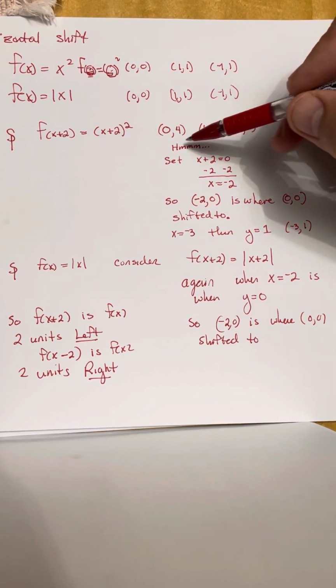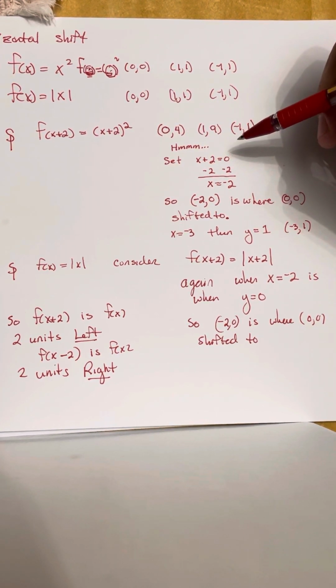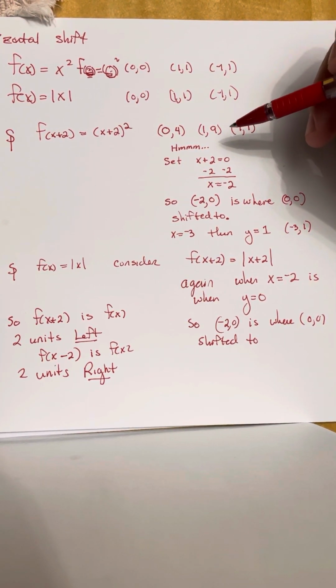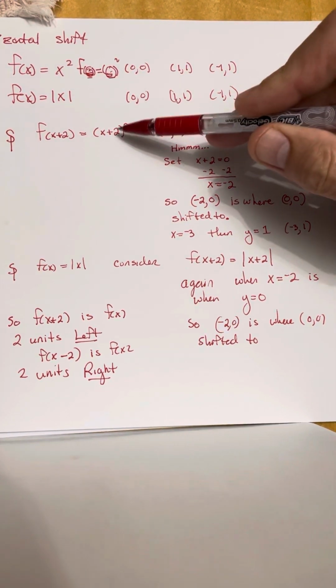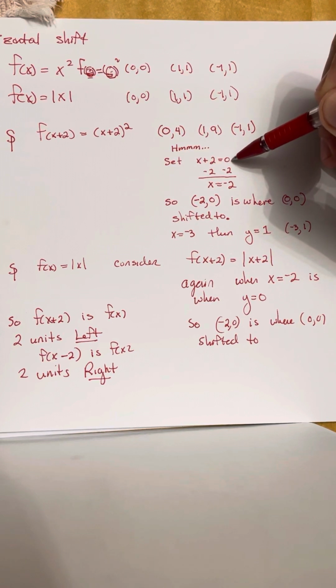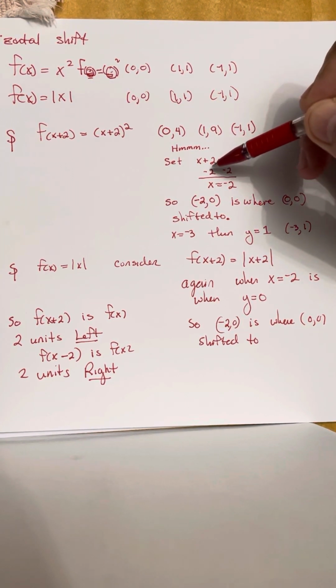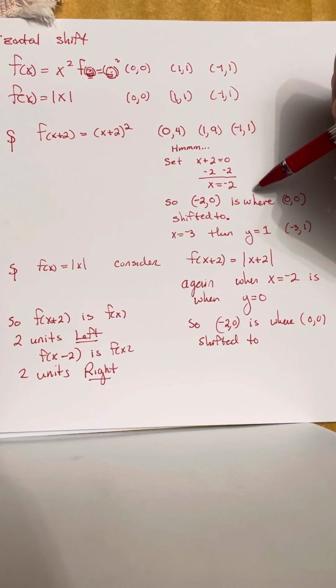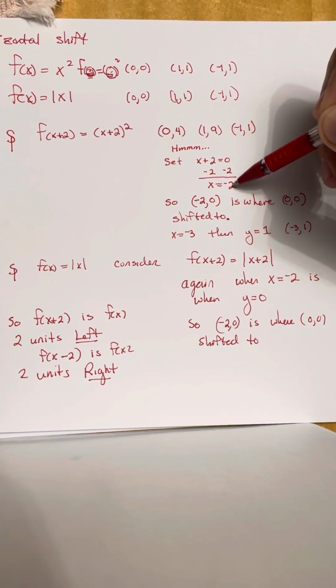So I started to do a little bit of consideration. What happens if I take the argument, which is now x plus 2, and I set it equal to 0? So I take the argument x plus 2, set it equal to 0, and I solve for x. I subtract 2, and I have x is equal to negative 2.